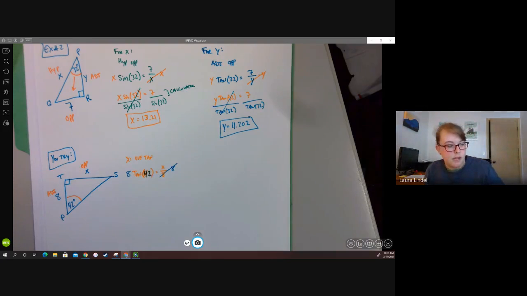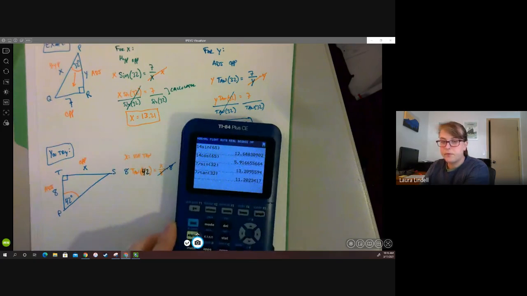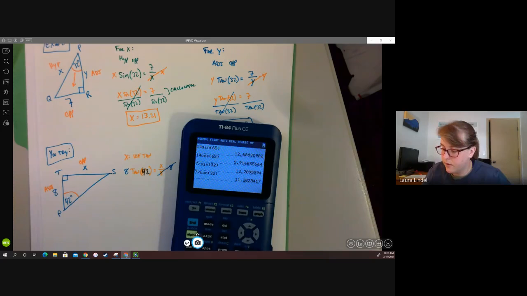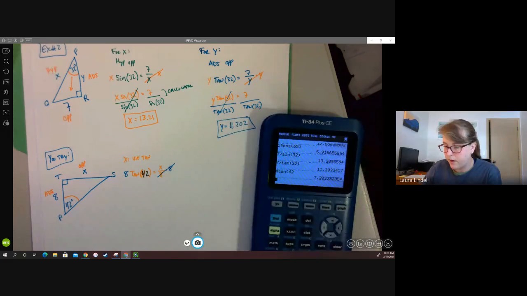Then if you multiply by 8 on both sides, that's your last step. Then you type it into the calculator. So for x, we should get 7.203.